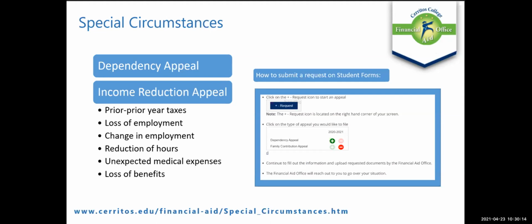Another thing we can consider, outside of the realm of income, is unexpected family or medical expenses for the household. Again, with COVID, if you had additional medical expenses, that's something we can also consider.